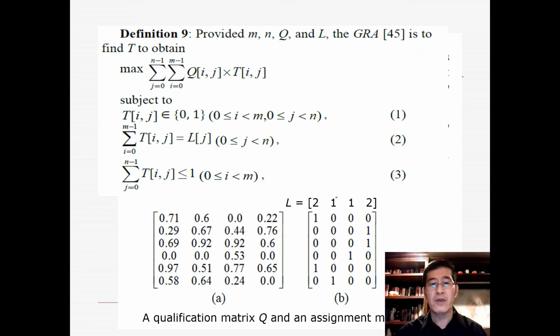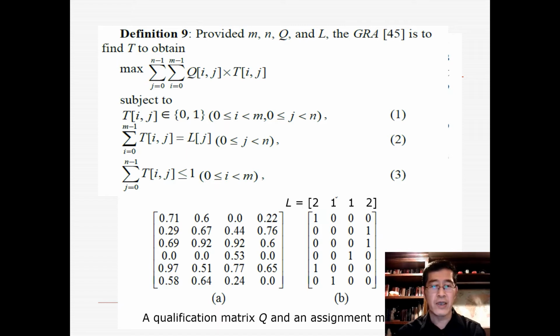So this forms an optimization problem. This is the sigma, we take the sum. Here we have L as 2, 1, 1, 2, so choose this one. The result is 1 here, 1 here, 1 here, this one, this one, and this one.